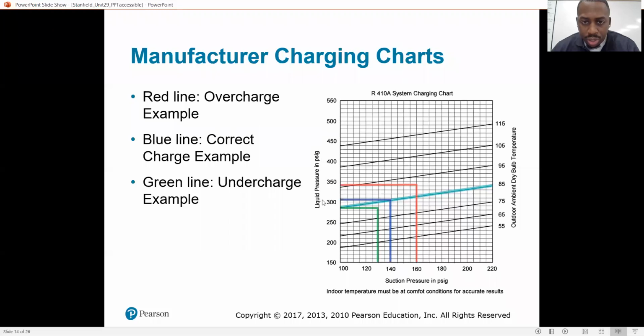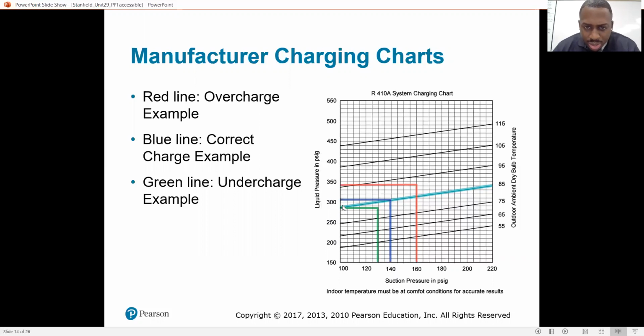Liquid pressure. So if your liquid pressure is about, what is this? This is 250, that is 300. So that'll be 55, 60, 65, 70, 71. So let's call this about 275.